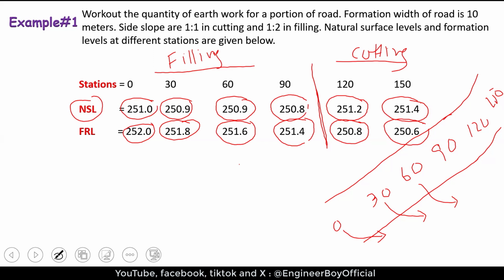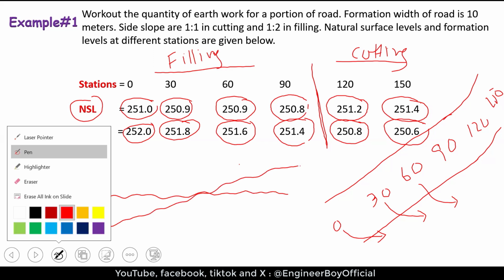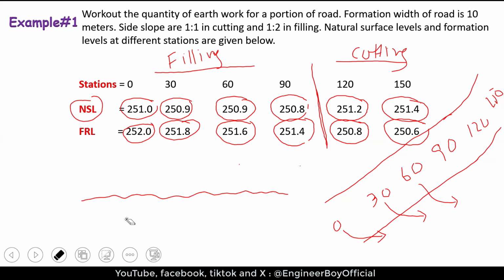And this point, let me just draw the map, let's say, okay? If we have something such as this one, let's say, just a minute, if I can just remove this line, and let's say we have the formation level. Well, here we have the formation level above the NSL, but at the end, as you can see, the formation level is below the NSL.